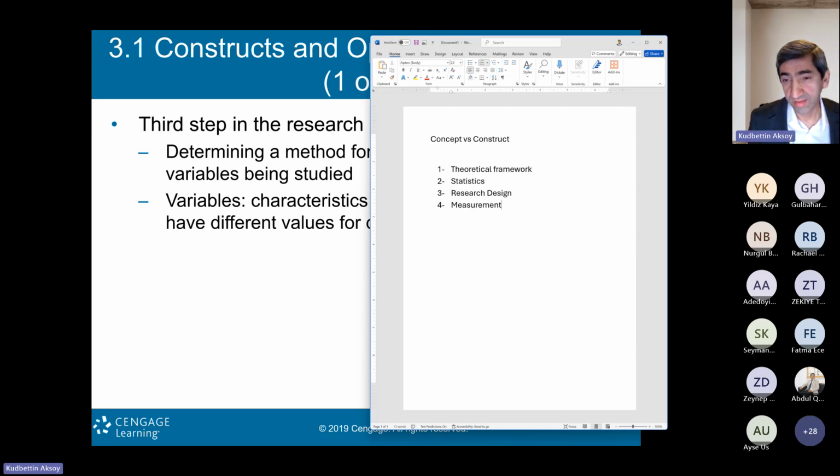So in a research study, we work with variables. And as you will see today, we are interested in operationally defining these variables. We're interested in putting these variables in a way that will allow us to collect data, and then we will analyze such data.